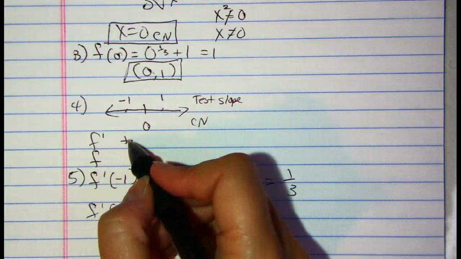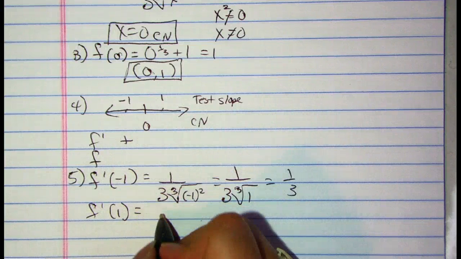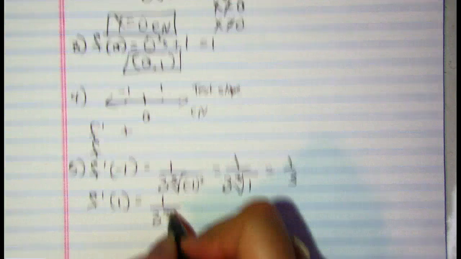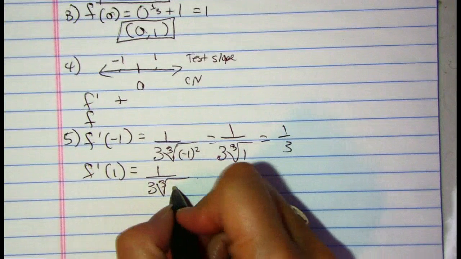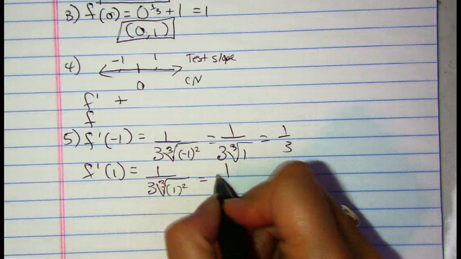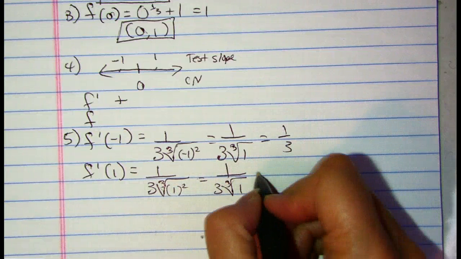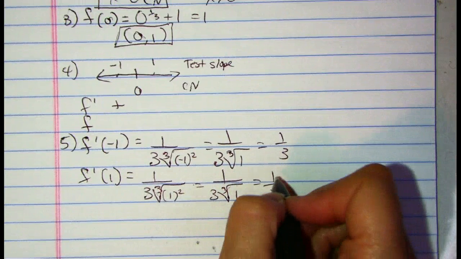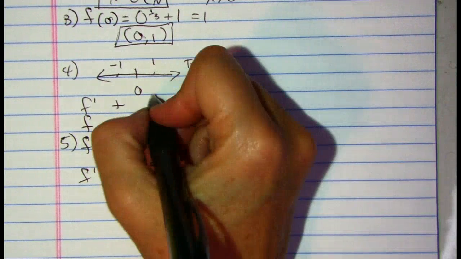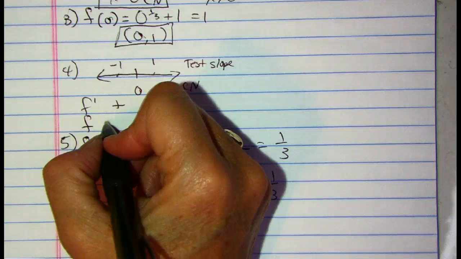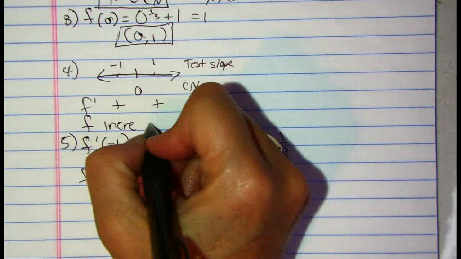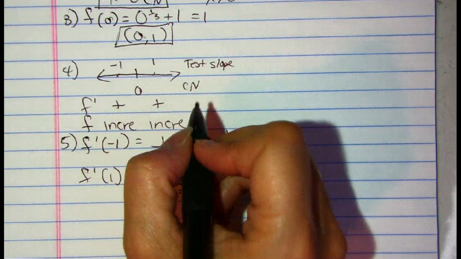Is my slope positive or negative? Oh, it looks like it's going to end up being the same thing. So the answer is positive. My slope is positive. In other words, my function is increasing, and it is still increasing.